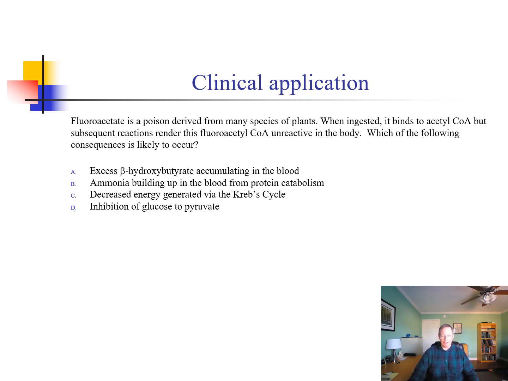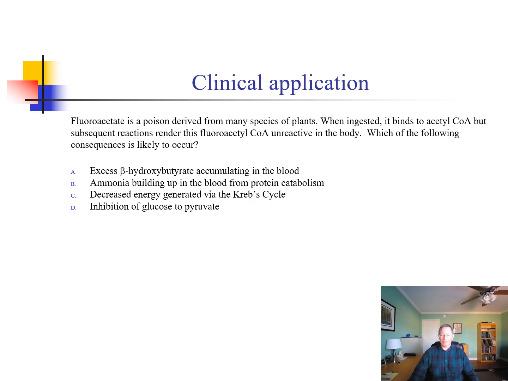Let's do some applications. Fluoroacetate is a poison that is derived from many kinds of plants. If you ingest it, it binds to acetyl-CoA, but the subsequent reactions render the acetyl-CoA unreactive in the body. That is, it stops acetyl-CoA from reacting further.